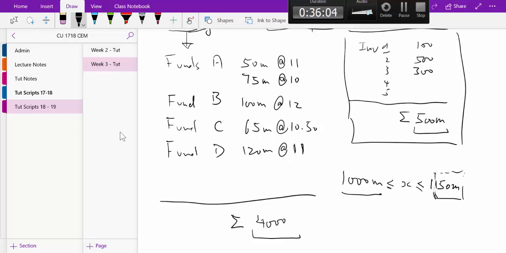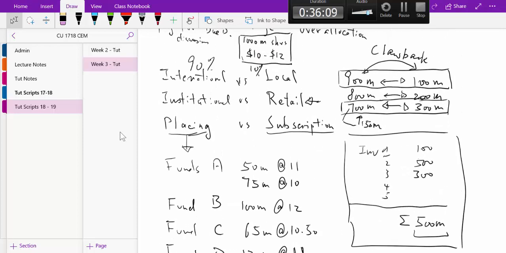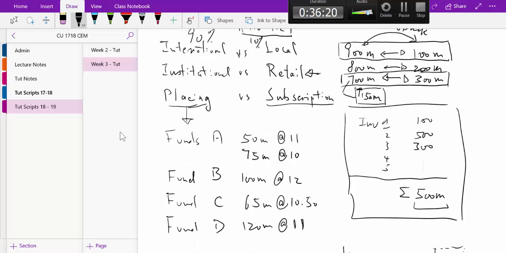4,000 million. So I told you that we are only able to offer 700 plus that 150. Now this is the so-called over-allocation. So that becomes 850.